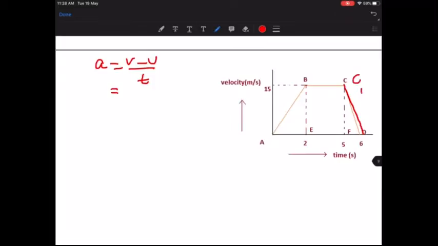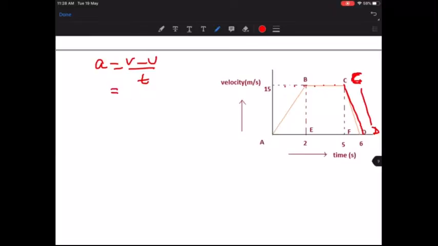From C to D, what is the initial velocity? Initial velocity is going to be... Tell me, what is your initial velocity here? The final velocity is going to be 0 because the car is going to come to a halt. But what is going to be the initial velocity? Initial velocity is the velocity at C here. Look at the velocity at C, 15. Okay?